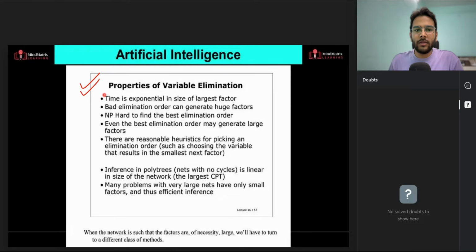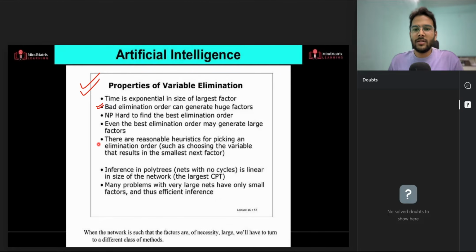Now there are some disadvantages of the variable elimination algorithm. If you choose a bad elimination order, then it may give you huge factors. Or if the Bayesian network is very complex, then it will be computationally expensive, and it will be complex to compute the exact inference from that particular network.